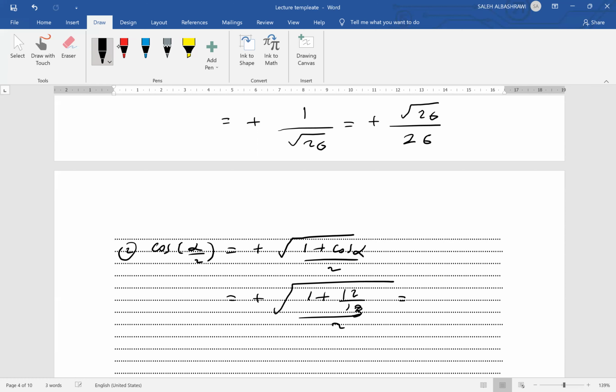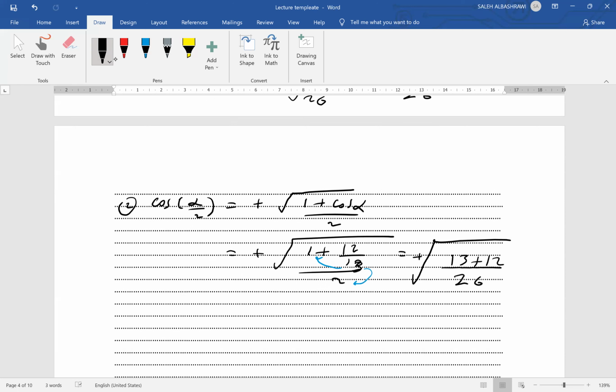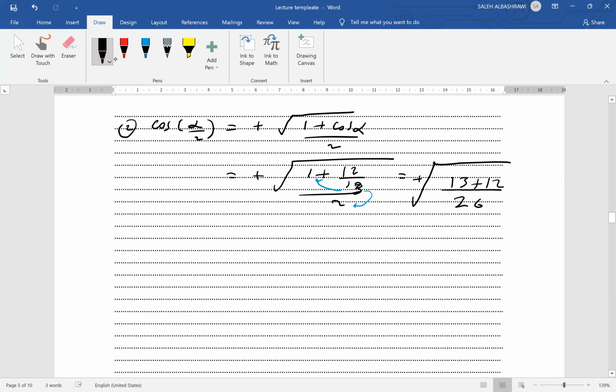Multiplying 13 by 1, I will have 13, and 13 by 2 down, it will be 13 plus 12 over 26, which is equal to 25 over 26.